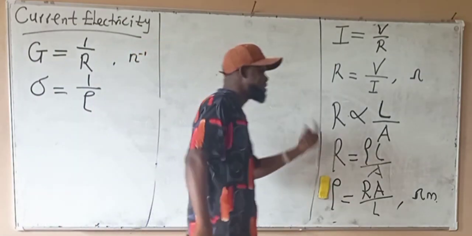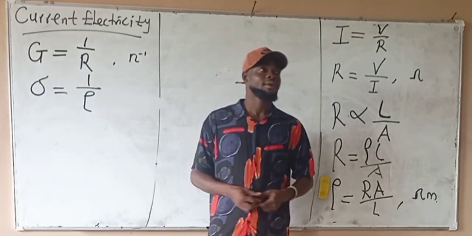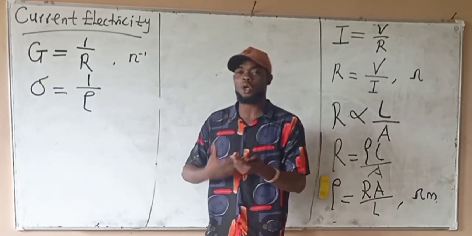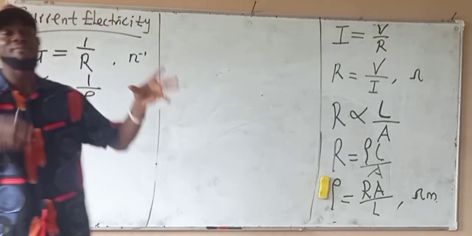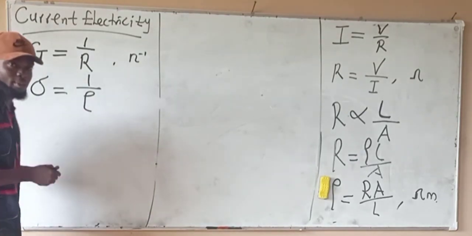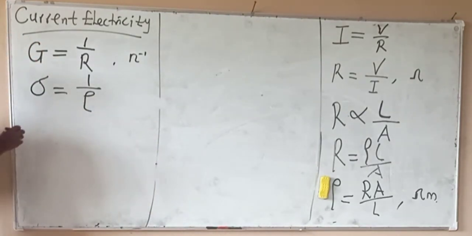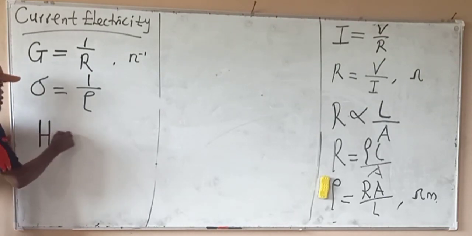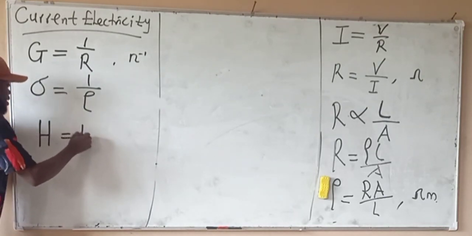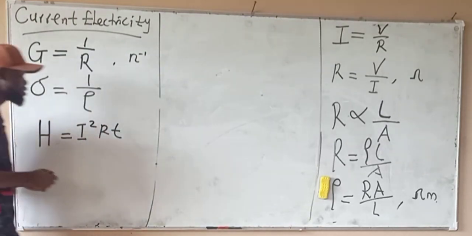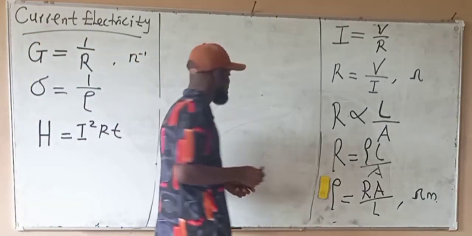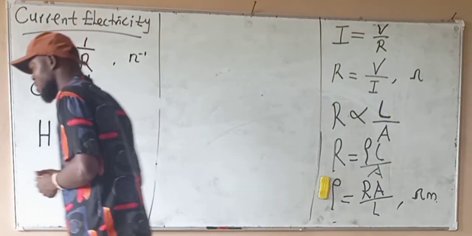And from Joule's law of heating in electricity, it was said that heat energy H is always equal to I squared RT.